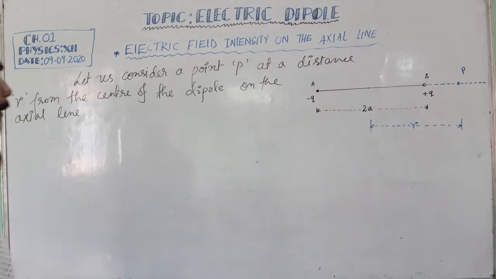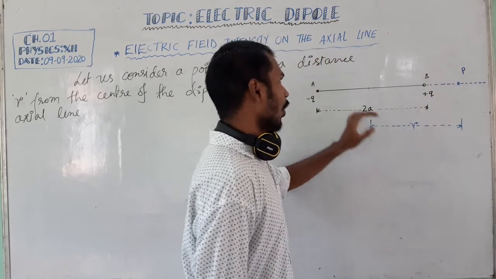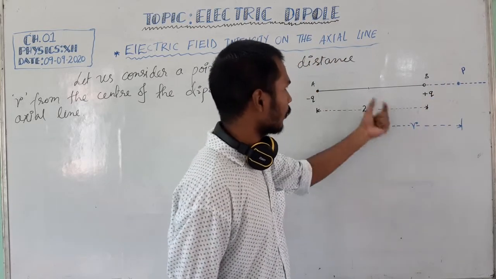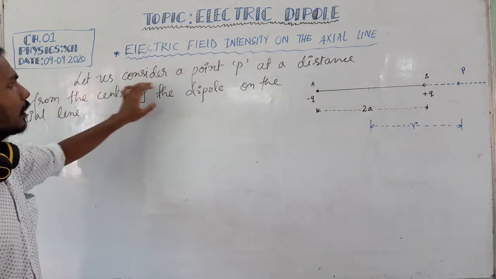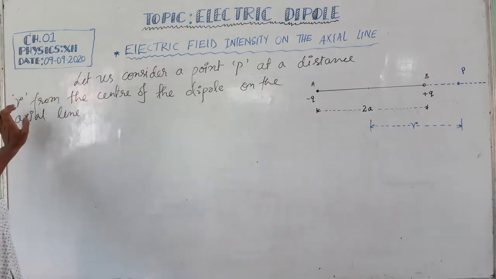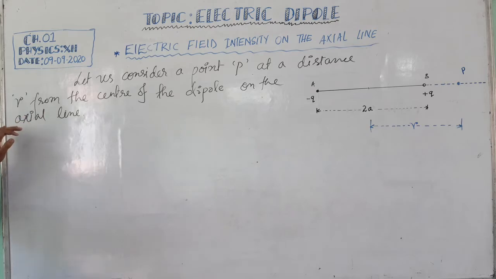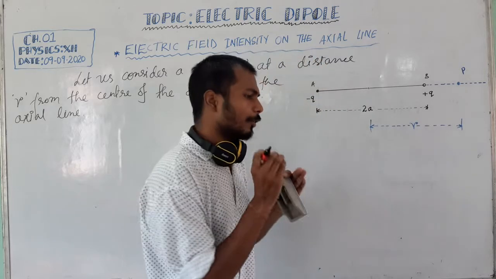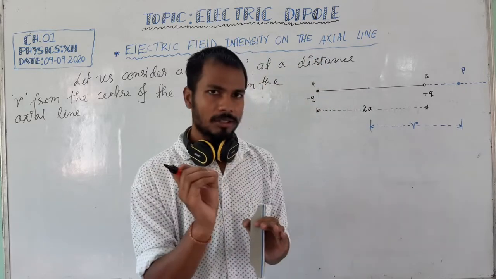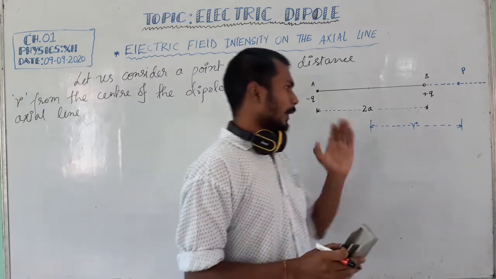So now we have considered a point P on the axial line of this dipole at a distance r from the center of the dipole. Now see, we know that if we consider a point near to a charge, then there is electric field due to that charge.